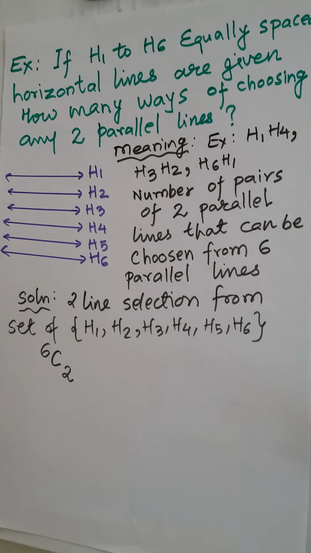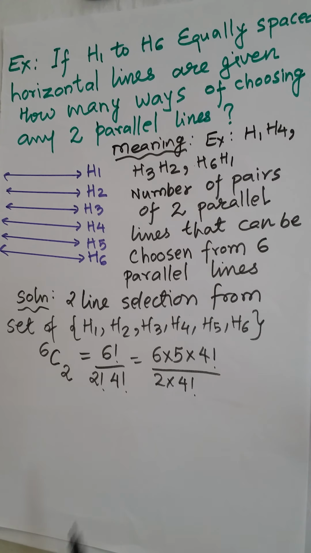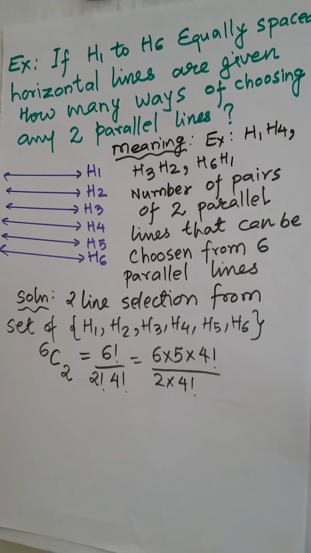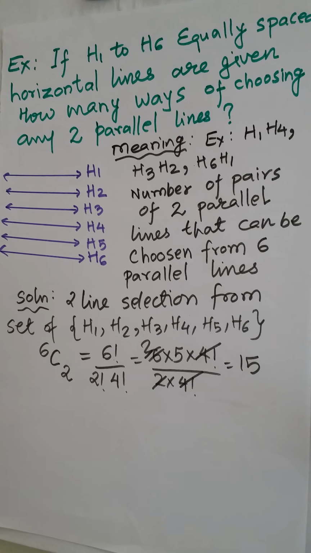So yes, it is 6C2, which is 6 factorial by 2 factorial into 4 factorial. 6 factorial can be written as 6 into 5 into 4 factorial. So the final answer, after cancelling 4 factorials and 2 3 the 6, is 15. So 15 pairs of horizontal lines can be chosen out of 6 given parallel lines.